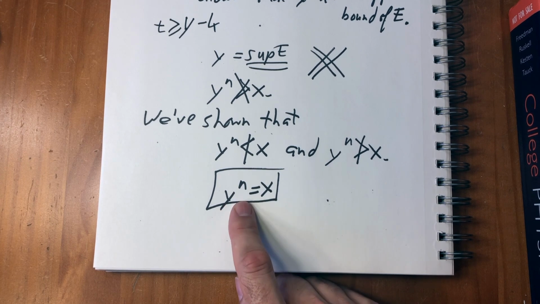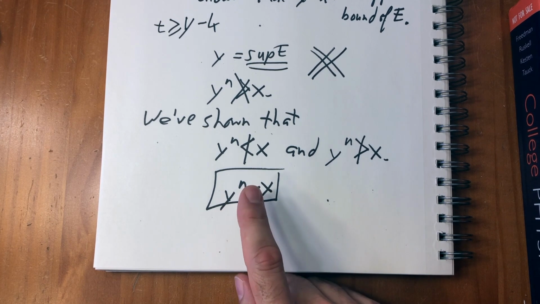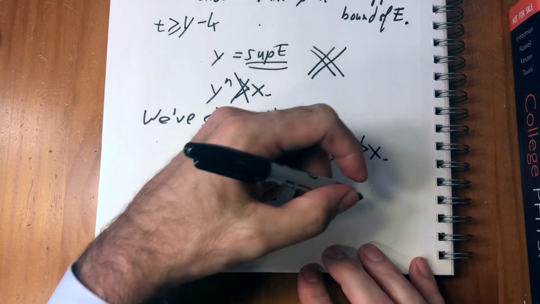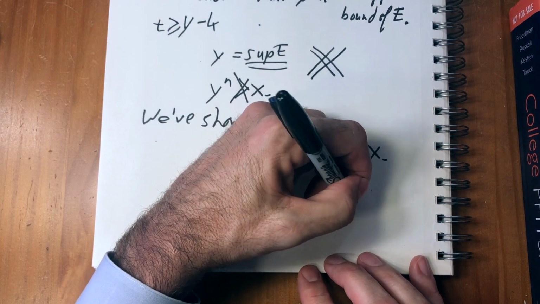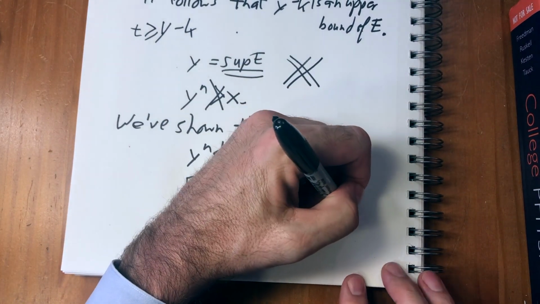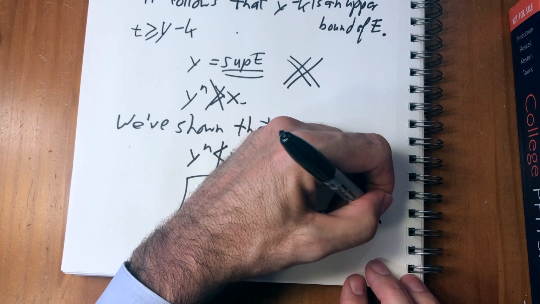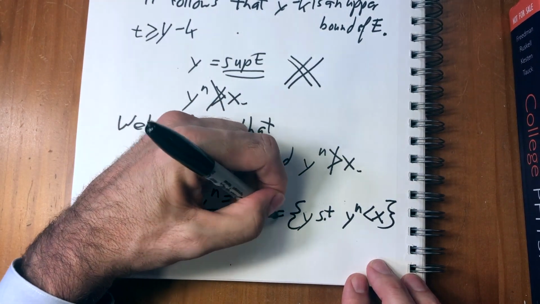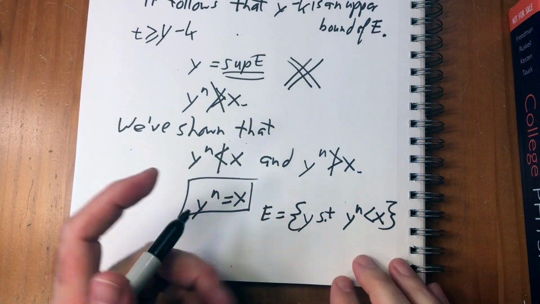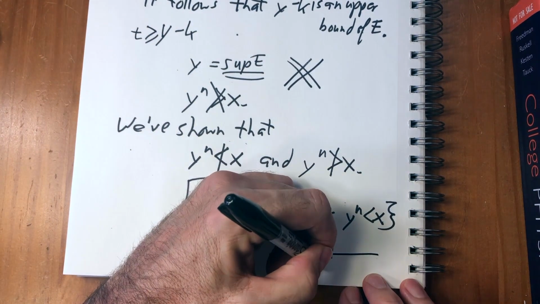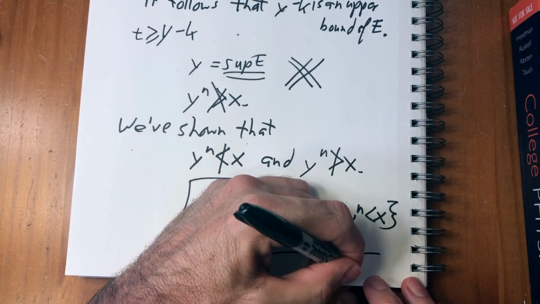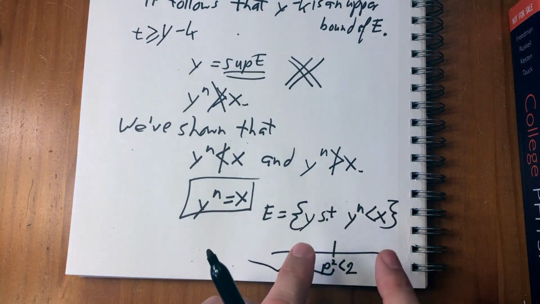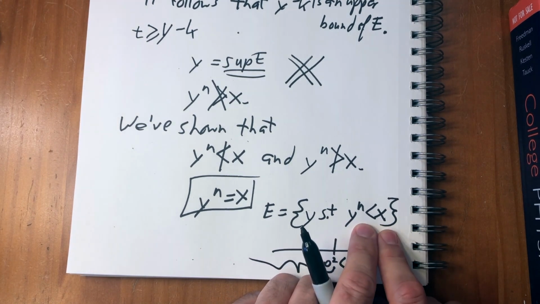And specifically, that root is the least upper bound of the set that we started with, which is saying that if you take the set of all real numbers such that y to the n is less than x, so this would include the one that we started with, which would be that p squared is less than 2, then the supremum of this set is going to be the nth root of x.